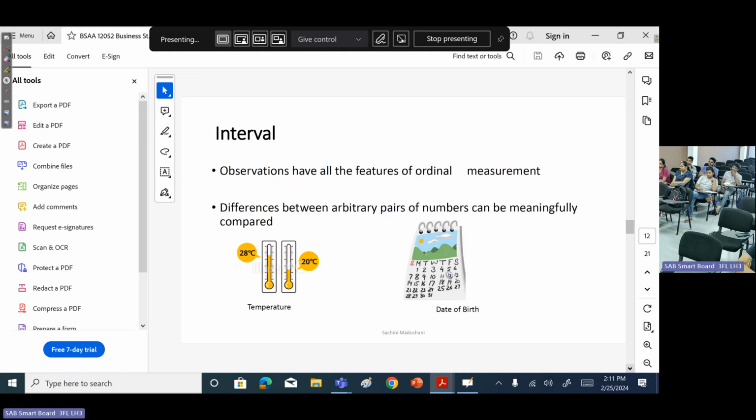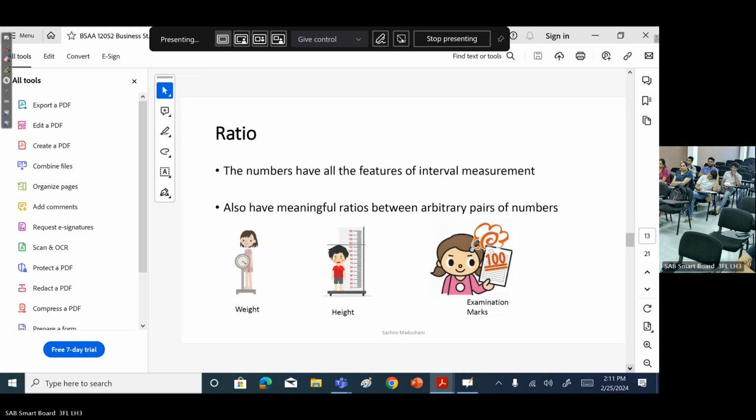Only a limited number of variables fall into this interval level category, very limited examples. Understood? The last level of measurement is ratio. The ratio variable contains all the features of the interval scale, except for the 0.